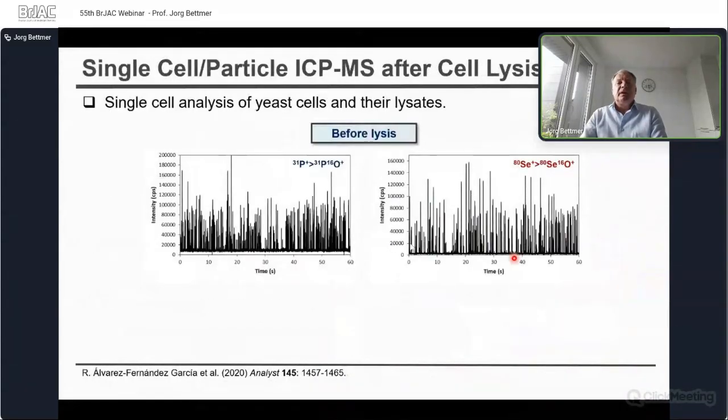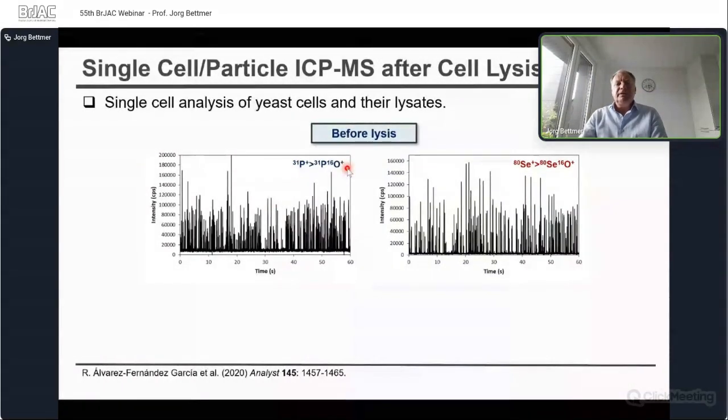So how do we check whether the lysis of these yeast cells has been successful or not? For this, we do not use single particle, but single cell ICP-MS.